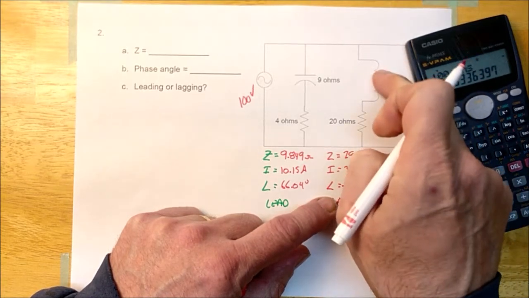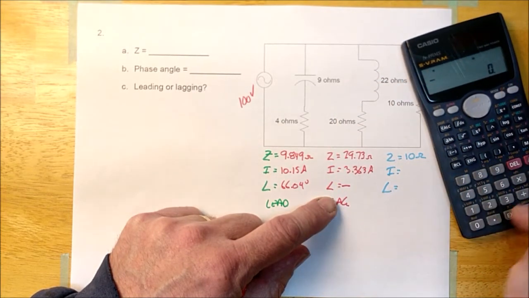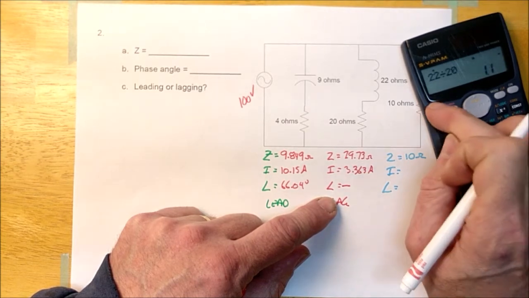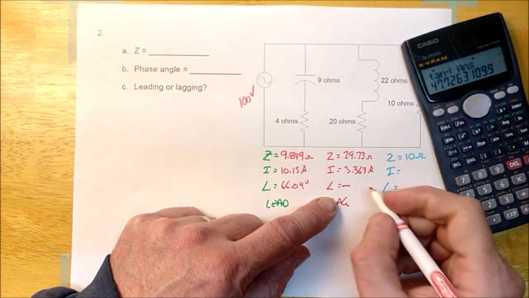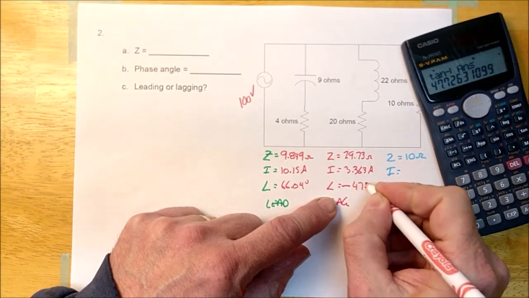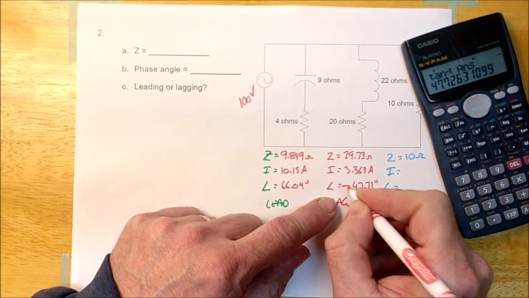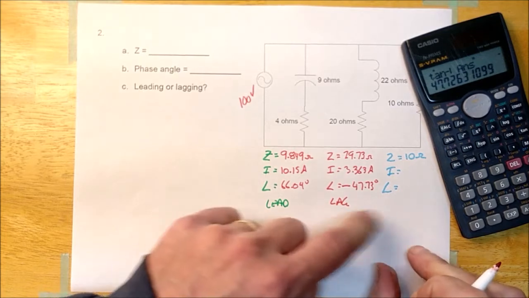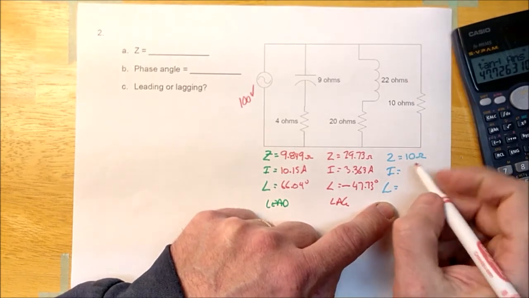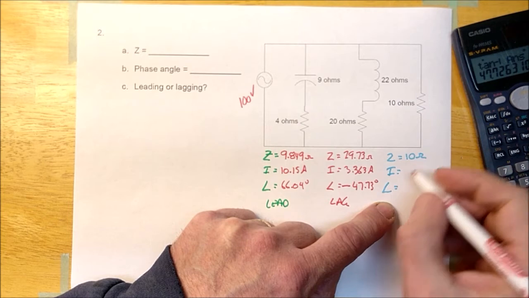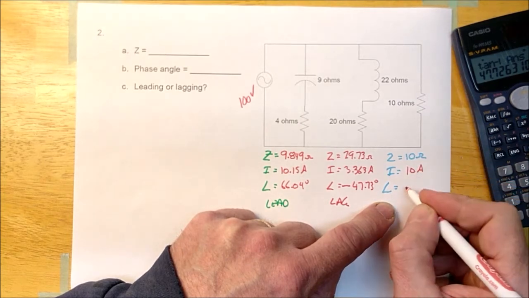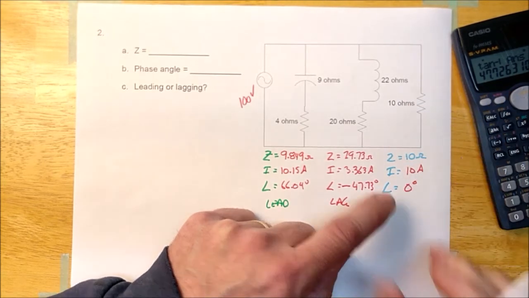Angle is going to be opposite over adjacent, inverse tan: 22 divided by 20, shift tan, equals 47.73 degrees, minus, because it's lagging. Here, I looks like it's going to be 10 amps. Phase angle is going to be 0 degrees. All right.